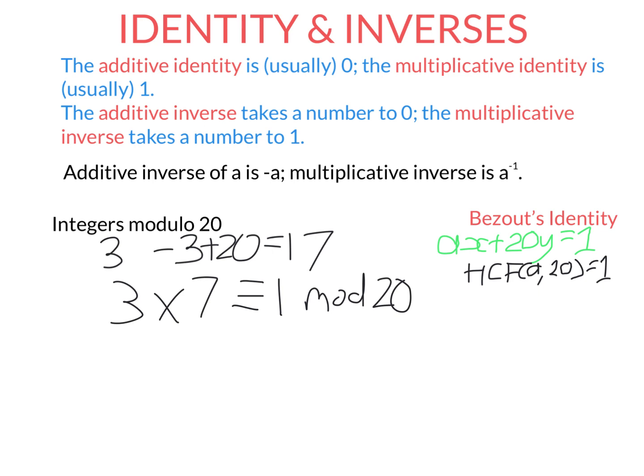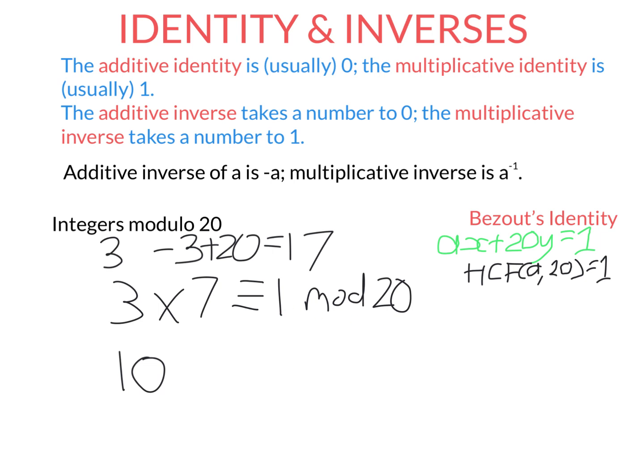But not all integers have a multiplicative inverse modulo 20. Let's look at the number 10, for example. If you multiply 10 by any integer, you get another even integer. So it's impossible to multiply 10 by an integer to end up at 1 mod 20. 1 mod 20 has to be odd.